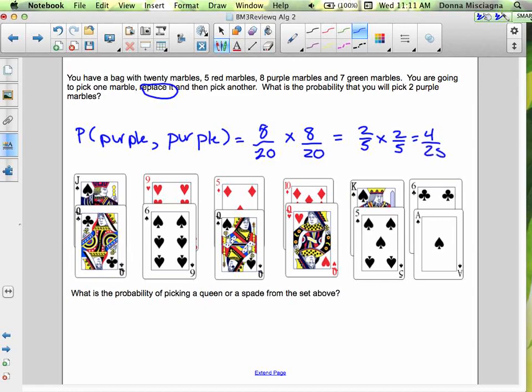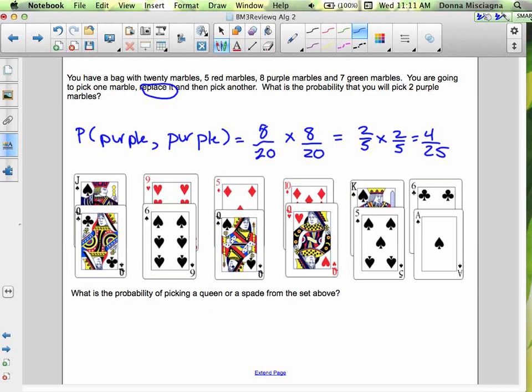Right? That's the probability we'll pick a purple marble, replace it, and then pick another purple marble. So remember, your sample set doesn't change if you replace it. Your sample set changes if you don't replace it.